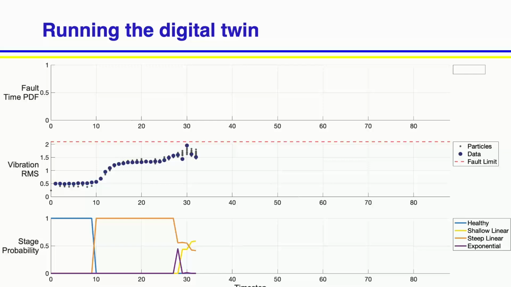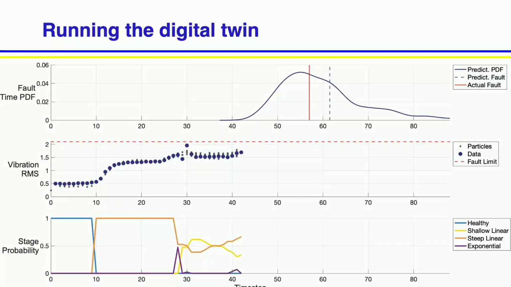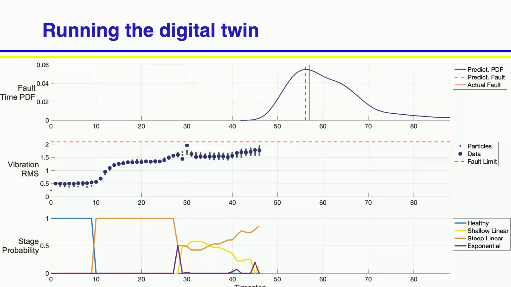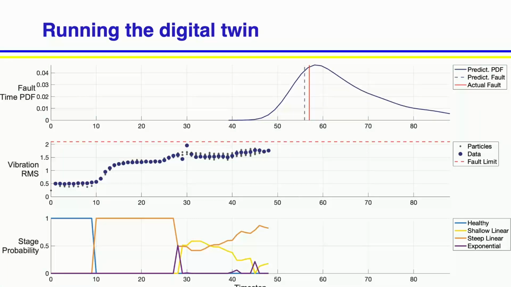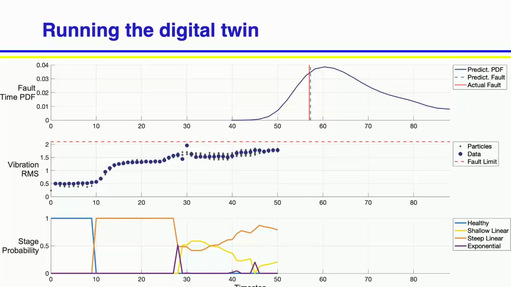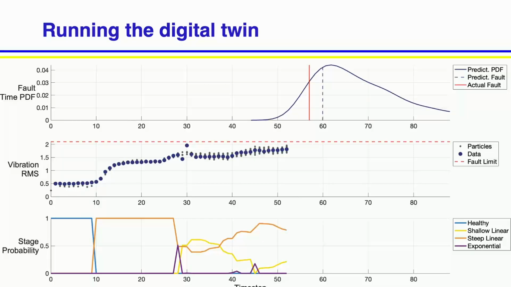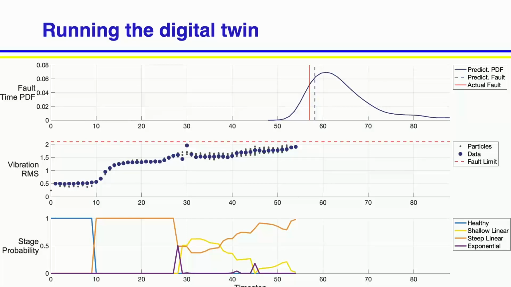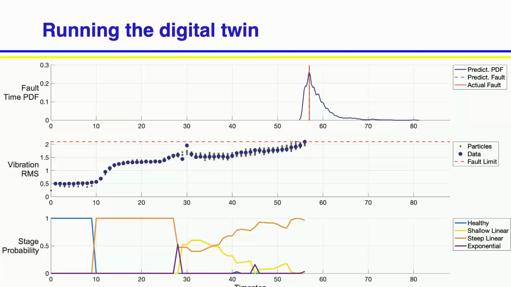And you can see it's not perfectly accurate, because once it starts leveling off here, you see, I don't predict a fault anymore. It may still be in the degrading phase, but it's going to take a while. And eventually you'll see that the digital twin is predicting that it is going to fail after some amount of time, and my confidence in that is increasing.